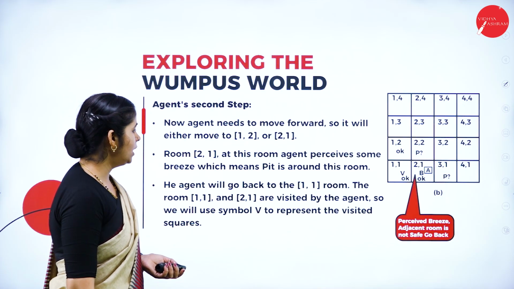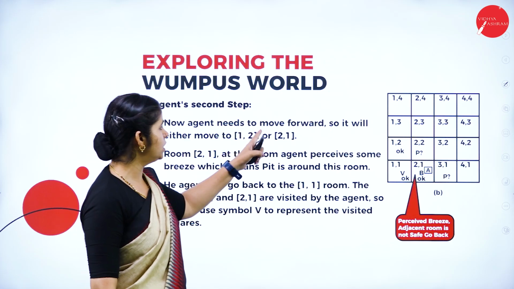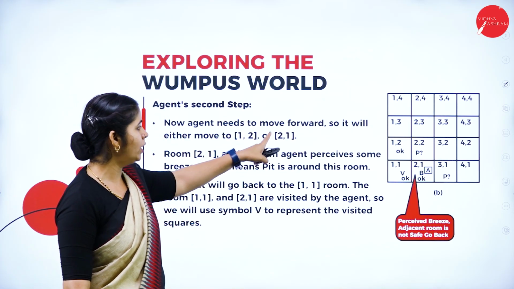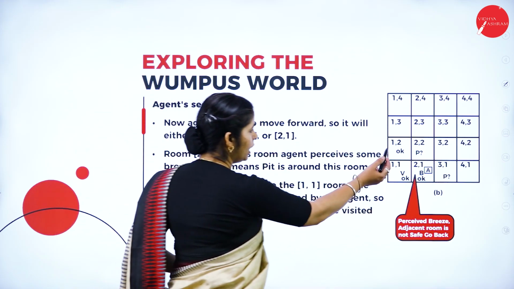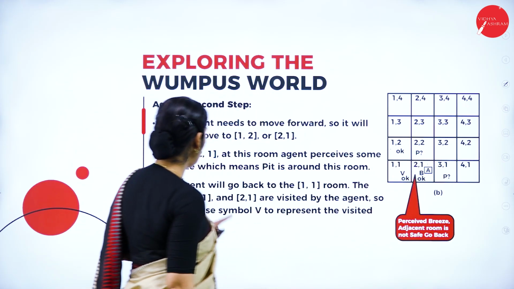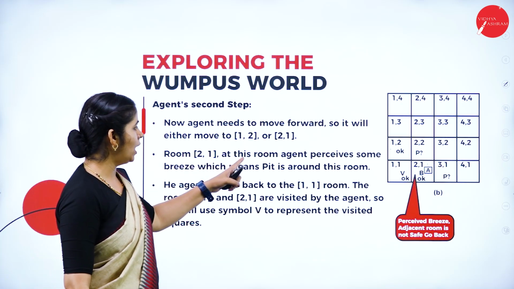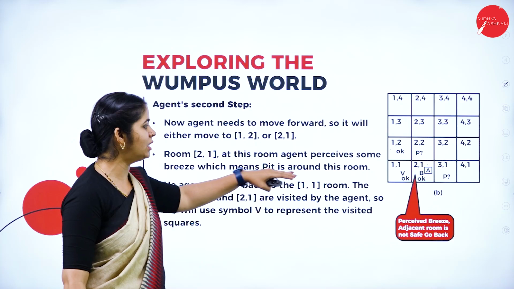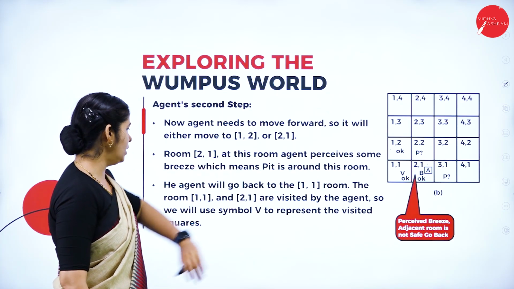right? So in the second step, the agent needs to move forward, so he can choose either 1,2 or 2,1. In room 2,1, the agent perceives some breeze smell. That means a pit is nearby.